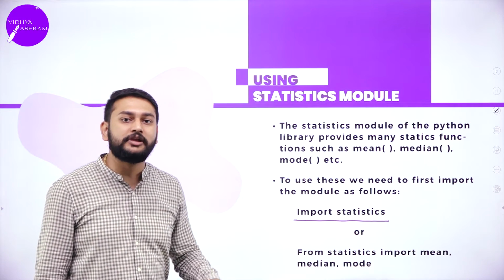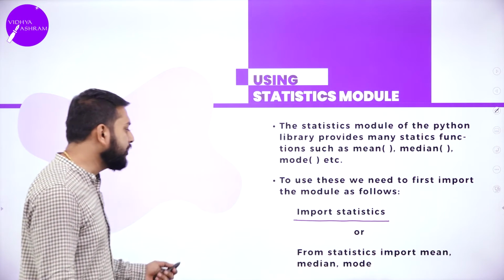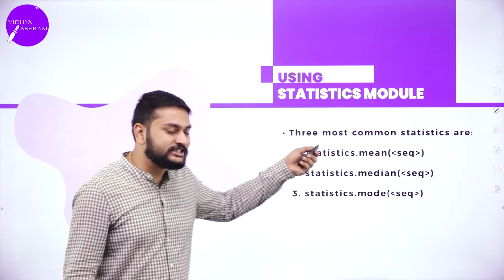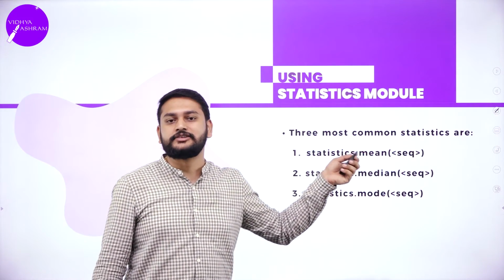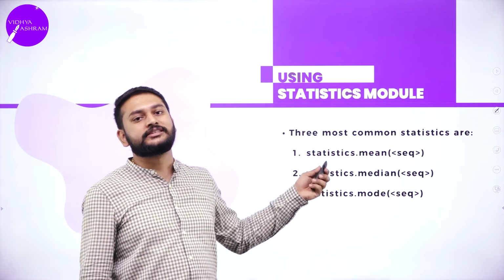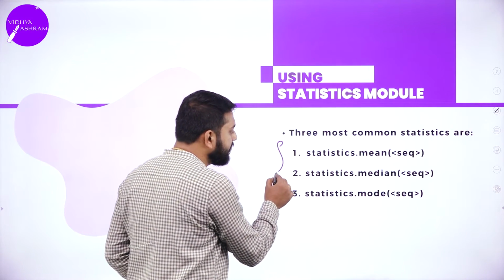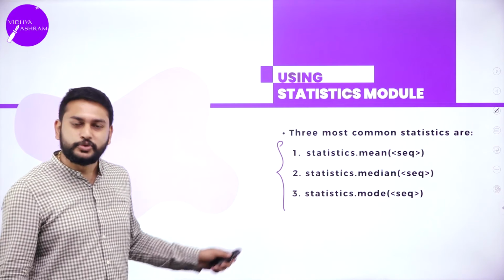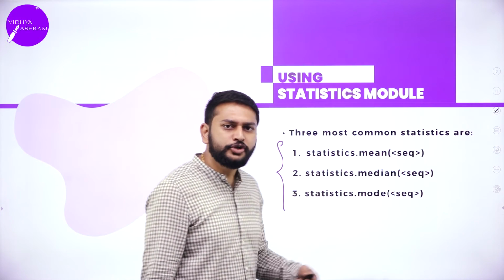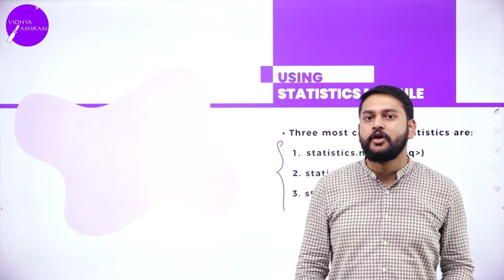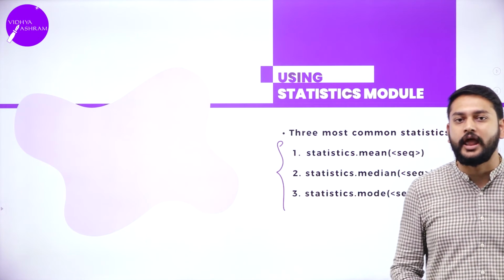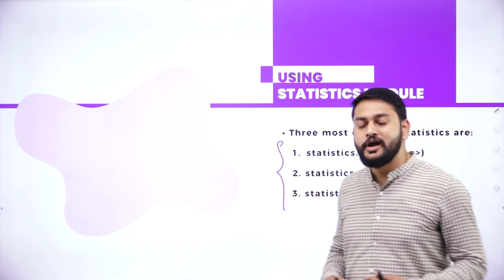So how do I do that? Guys, statistics.mean, statistics.median, and statistics.mode. This is how I will be calling these functions, which will help me to use these statistics functions in my program. So this is what you have to understand.